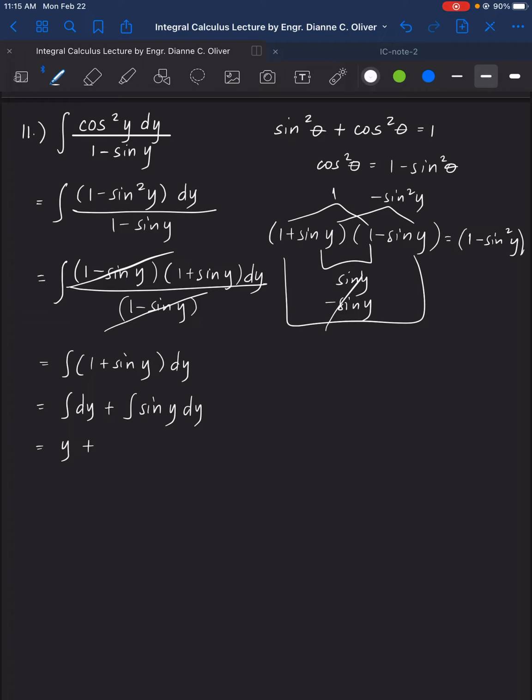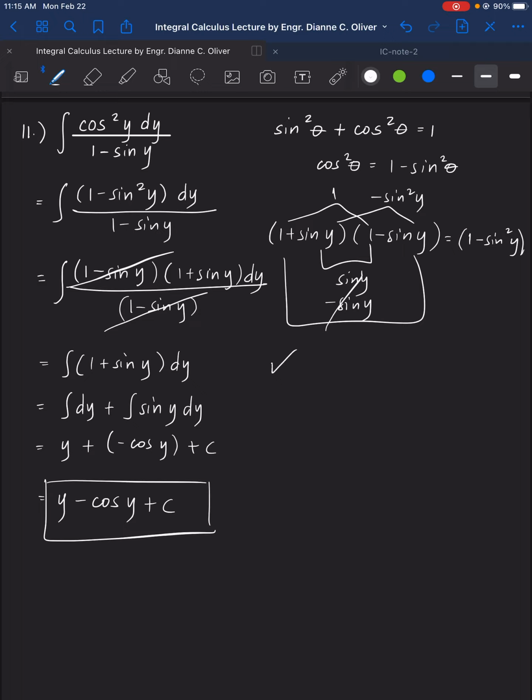So here the answer will be negative cosine u, which is the y, plus c. So the final answer is y minus cosine y plus c. So that's the final answer.